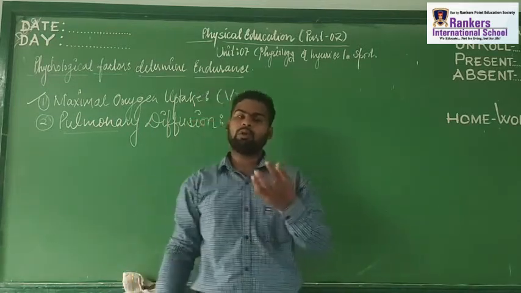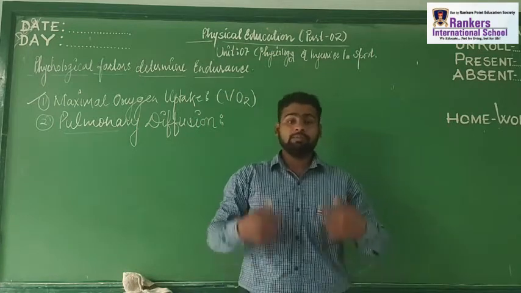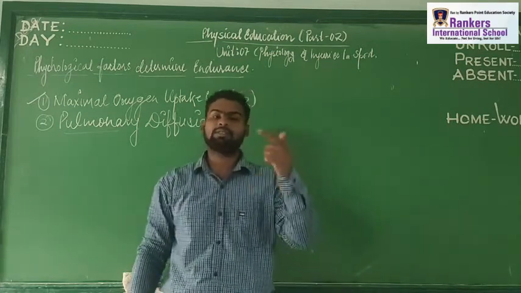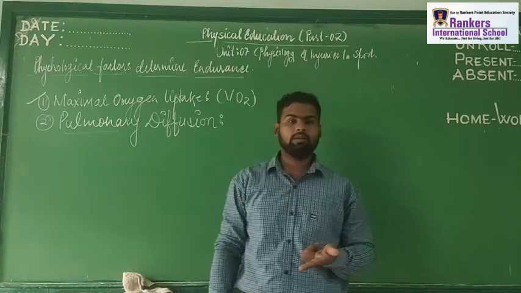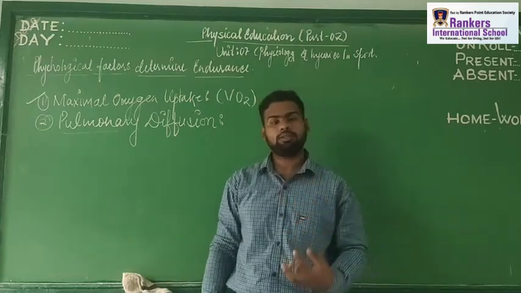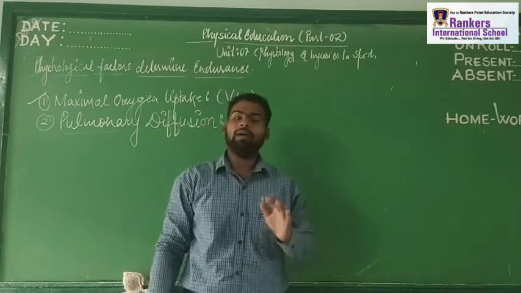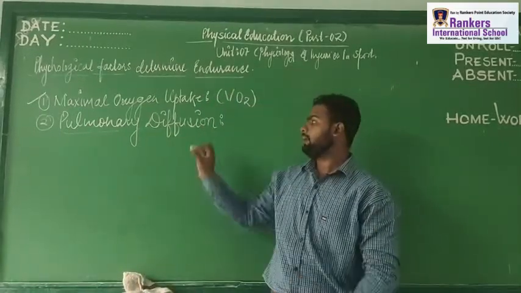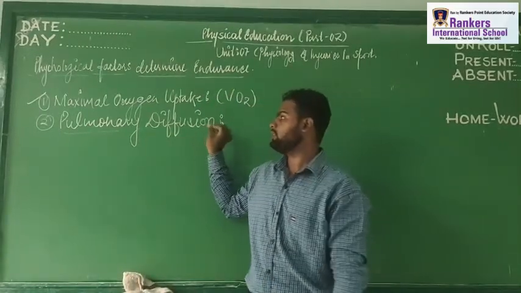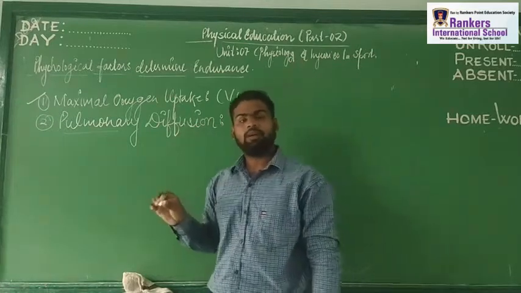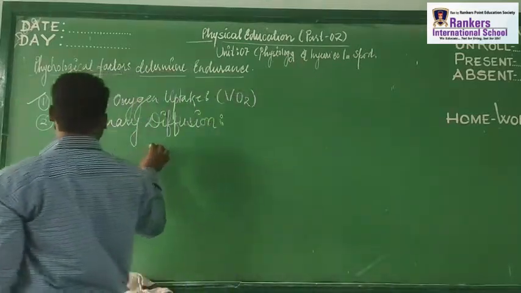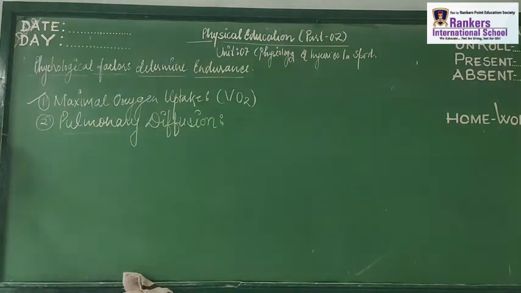This oxygen mixes with the blood, and when we release carbon dioxide, the oxygen goes inside and the carbon dioxide comes out. In this way, I want to tell you that pulmonary diffusion is very good, so that more oxygen goes in and carbon dioxide comes out in the same way.